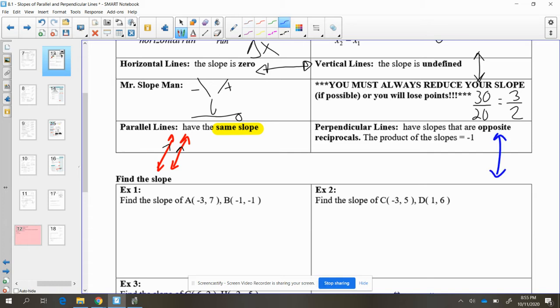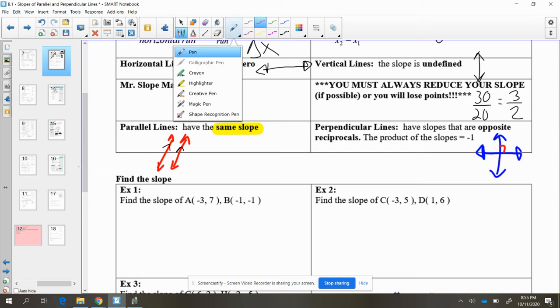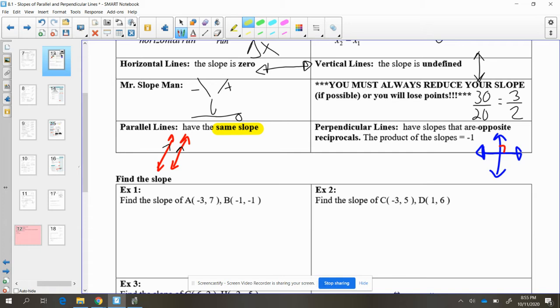So for instance, here's an example of perpendicular lines, and we know they create that right angle. They're going to have opposite reciprocal slopes, aka if we multiplied them, their product would be -1. I like to say you flip the sign and the fraction, because then they are opposite reciprocals.